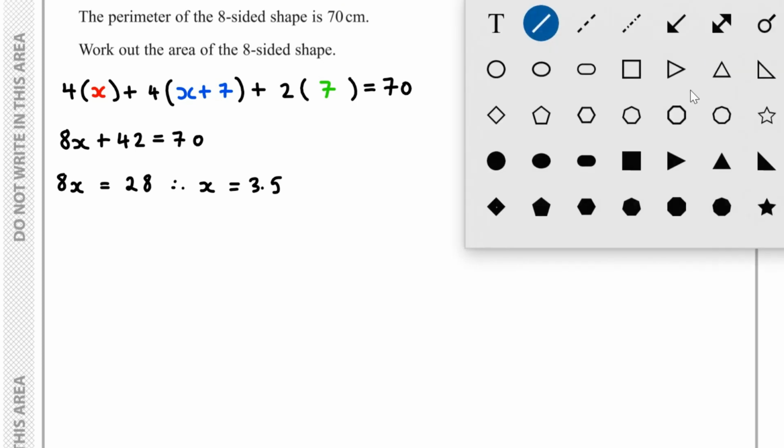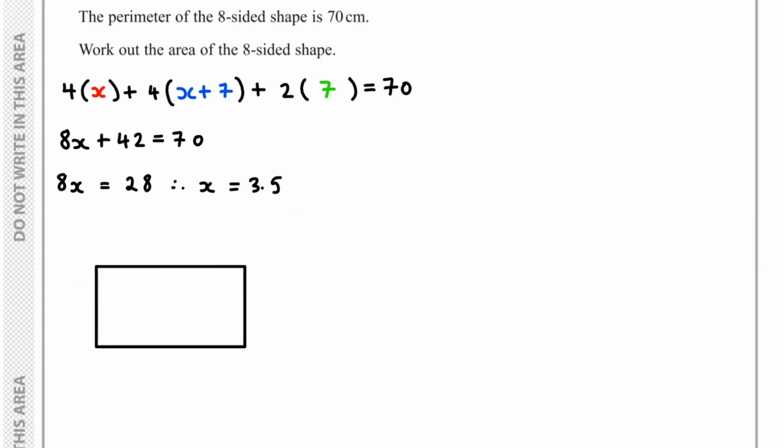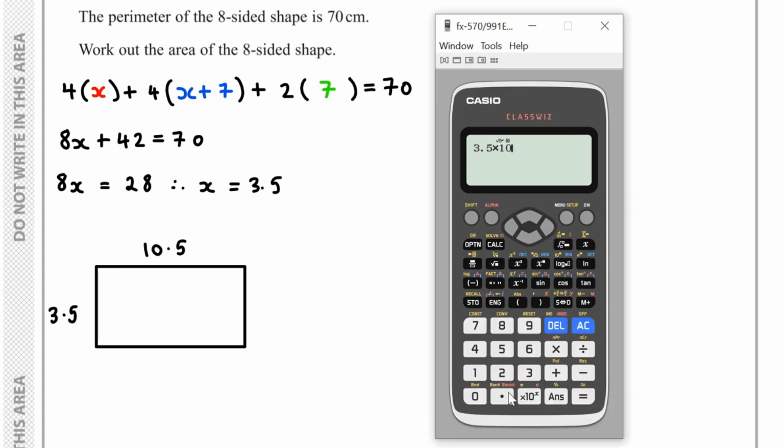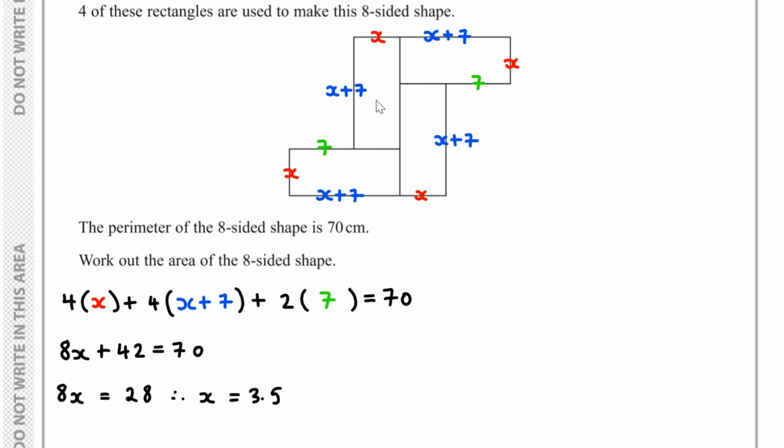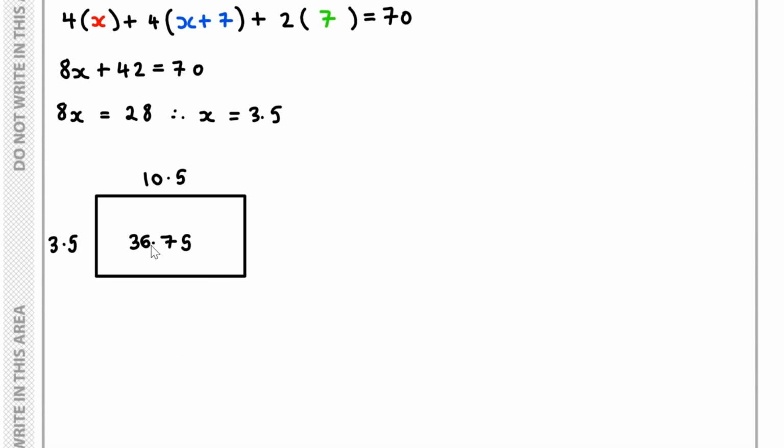So how does this help us? Well, if we now draw a rectangle, what we've got here is 3.5 centimeters, and here we've got 3.5 plus 7, which is 10.5, and therefore the area of one rectangle is 3.5 times 10.5, which is 36.75, and therefore for the 8-sided shape we've got 4 lots of this area here, and therefore the total area is equal to 4 lots of 36.75.